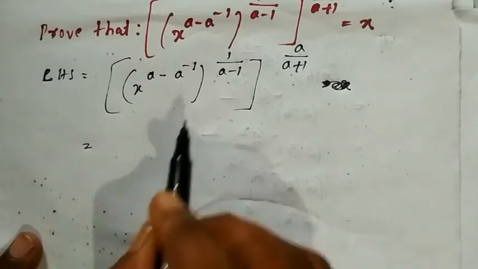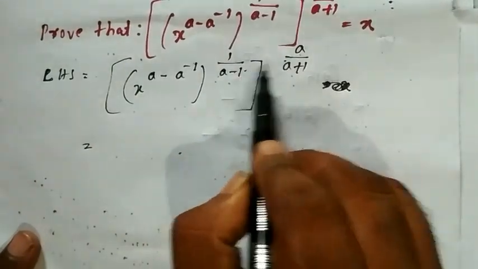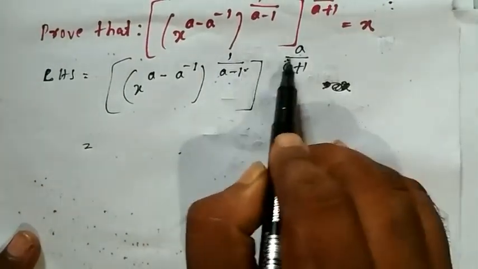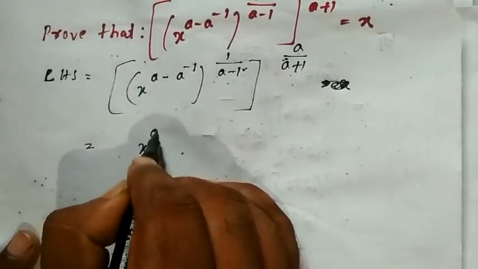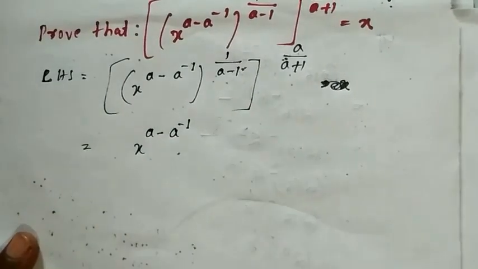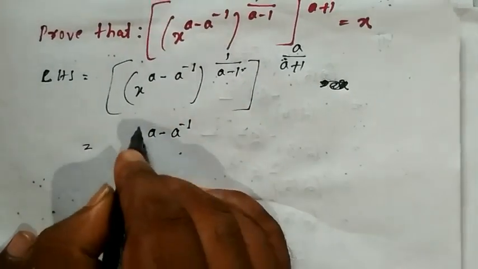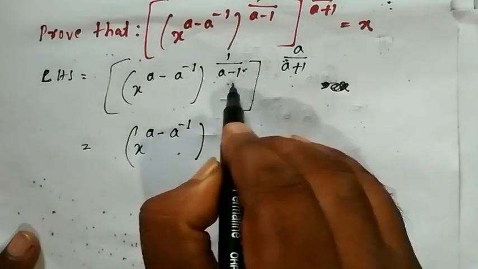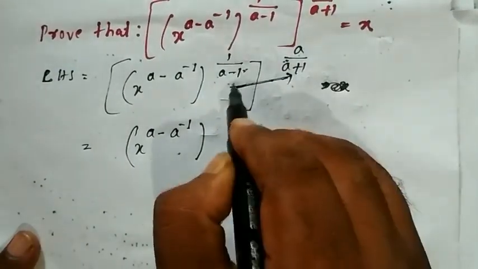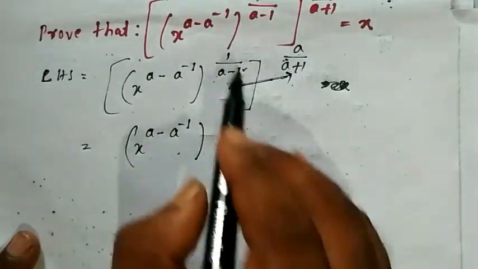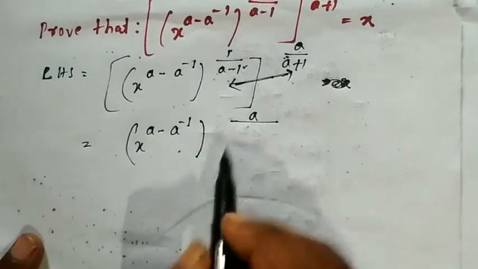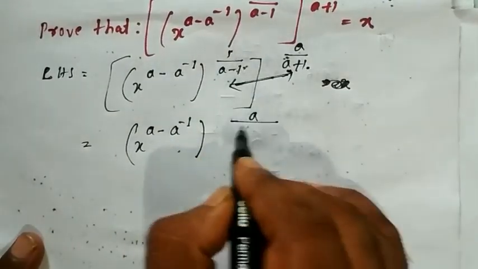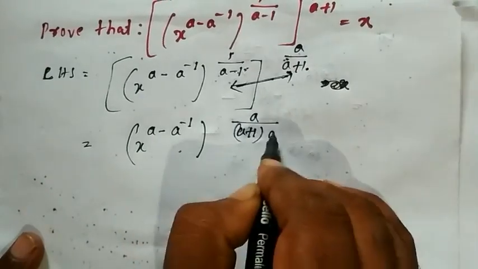You know that according to the laws of exponent, these two exponents you have to multiply first. If you multiply, this one will be x to the power of a minus a to the power of minus 1, again raised to the power, where these two are multiplied according to the laws of exponent. Multiply a into 1, so a divided by a plus 1 into a minus 1.